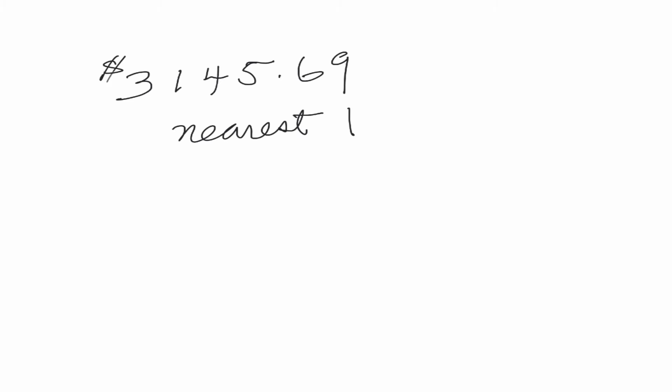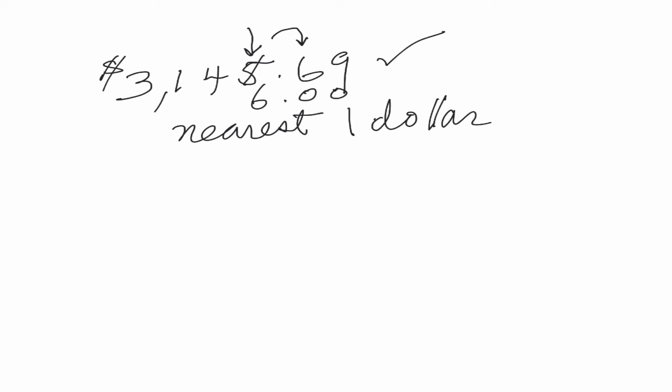Okay, if this was money, then it would say nearest $1. Or they might not even say 1, they'll just say nearest dollar. So the dollar is the 5, and so we look at the next number, 6, and that number is 5, 6, 7, 8, or 9, which means we need to raise this 5 to the next number, 6. But of course, the rest has to be zeros. So the answer to this original example, the nearest dollar for this example, is $3,146.